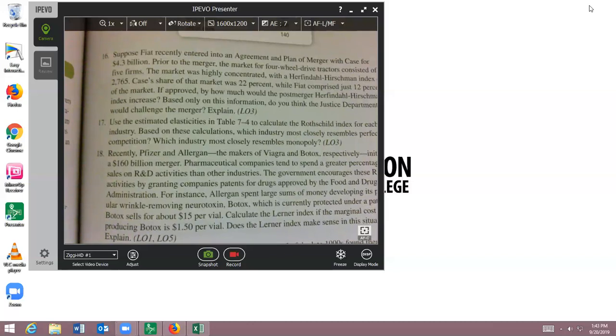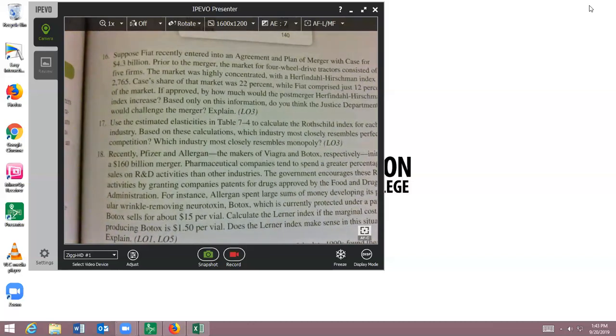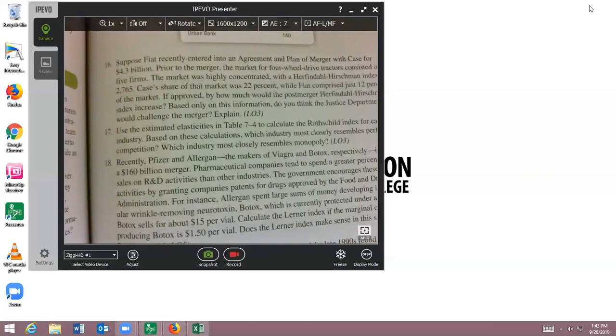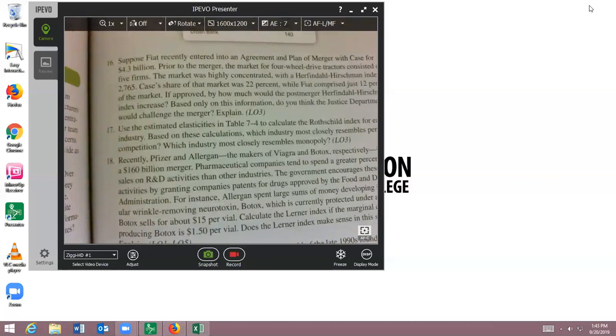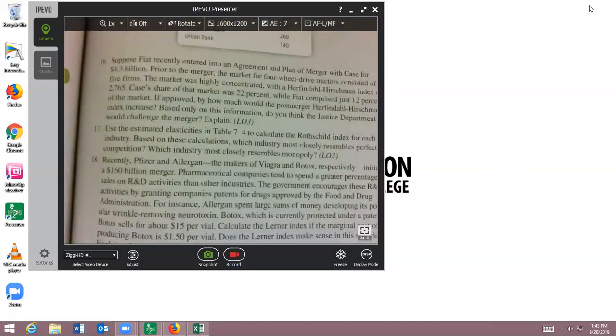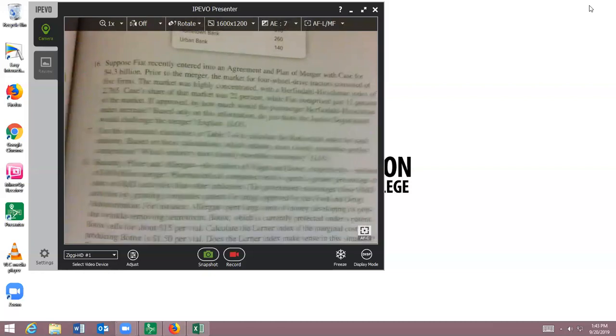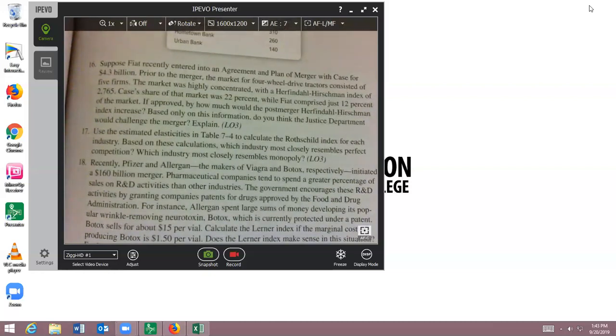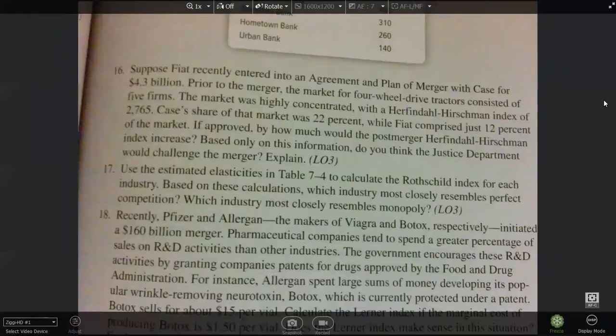This question is mostly to have you really thinking about if you don't have all the information to calculate the HHI for each one and look at the difference, how can you calculate the change in HHI given limited information? So I'm going to freeze this, and then I'm going to work on a solution.